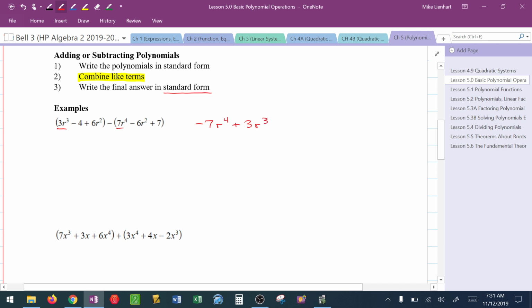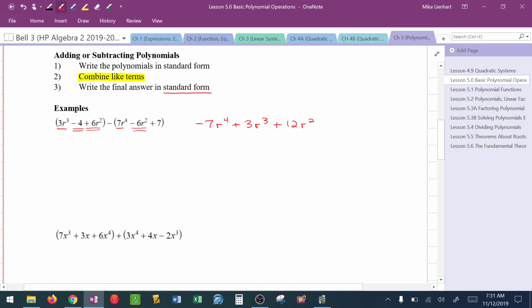Now, the next term is my r squared. I have two of them. Be cautious here because I have to read the operation correctly. It says 6r squared minus negative 6r squared. So that's really plus 12r squared. Then I don't have any r's to the first, so I can skip that.